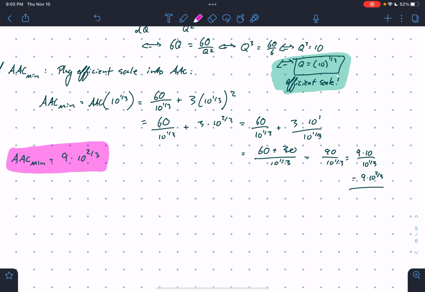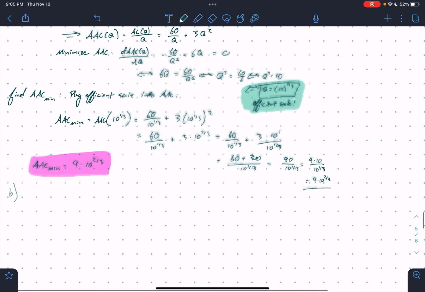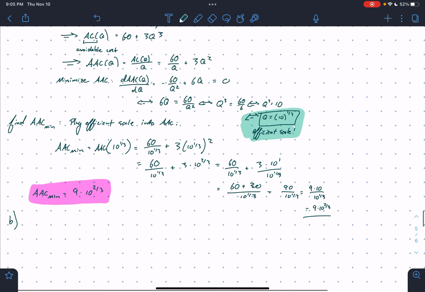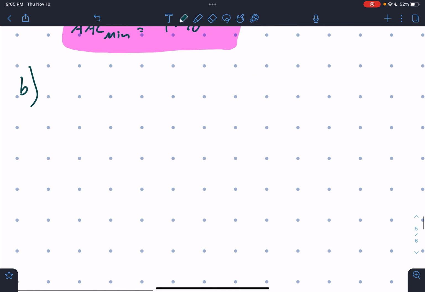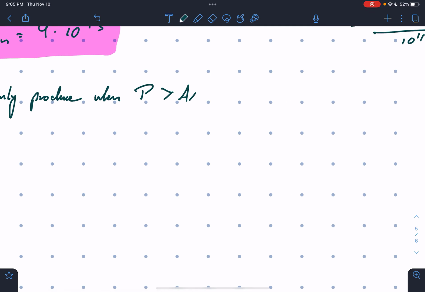So the AAC min will be important. All right, so now we can start with it in earnest. The supply function of each firm is going to be determined by two things. One, we know that firms only produce when the price that they get is greater than AAC min.